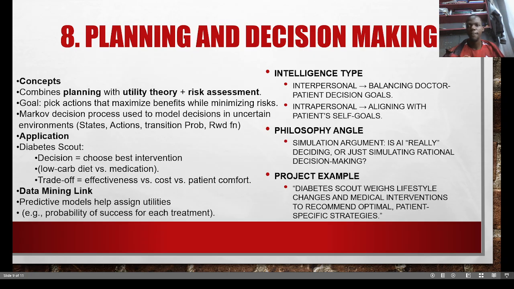And of course, we have a variety of frameworks that we can use, but I decided that we go with the Markov decision process. Under the Markov decision process, we have the states, the actions, the transition probability, and the reward function. When we talk about the states, state is not a new word to us right now. Then the action, the different operations that can be taken.